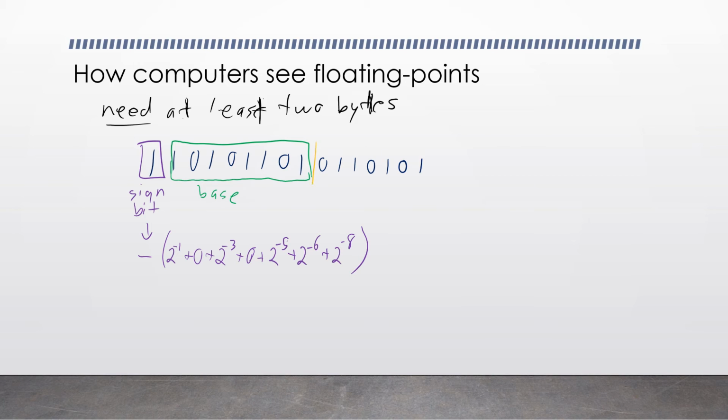Okay, and then we have the exponent as a power of 2. So we're going to have this whole thing times 2 to the power of some number here. And the way we represent these, we don't use a sign bit, we just take an integer, but we consider the top half of the integers to be positive and the bottom half of the values to be negative. So we subtract the median value from this.